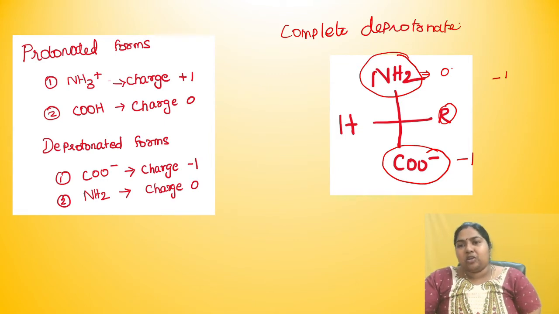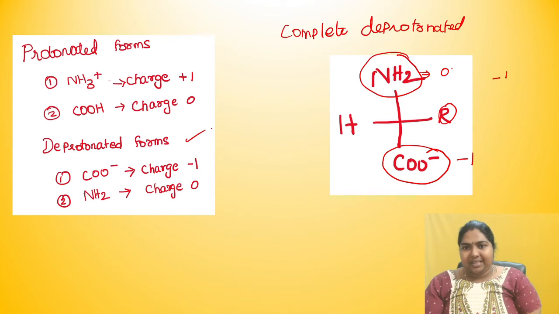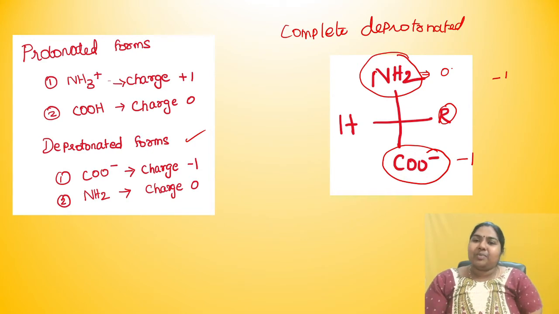Completely all the protons are now removed. That is what is called the deprotonated form. All the protons are now removed off. So this is what is called the complete deprotonated form. Why should there be a complete protonation or a complete deprotonation?